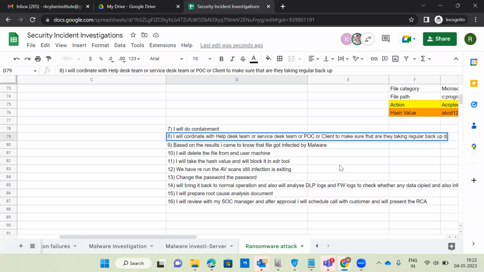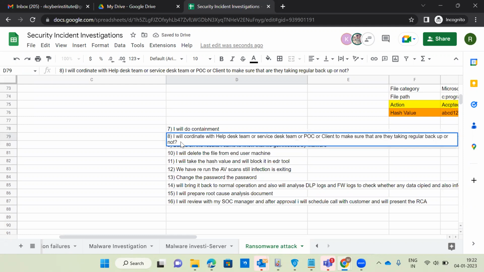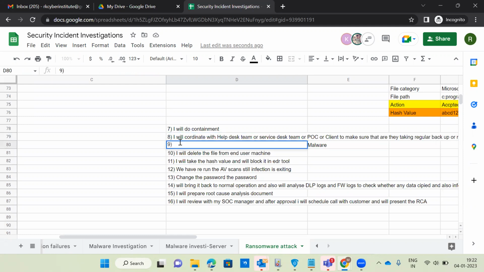Okay, based on the client confirmation, they are taking regular backups. They means here the client, they are taking regular backups.